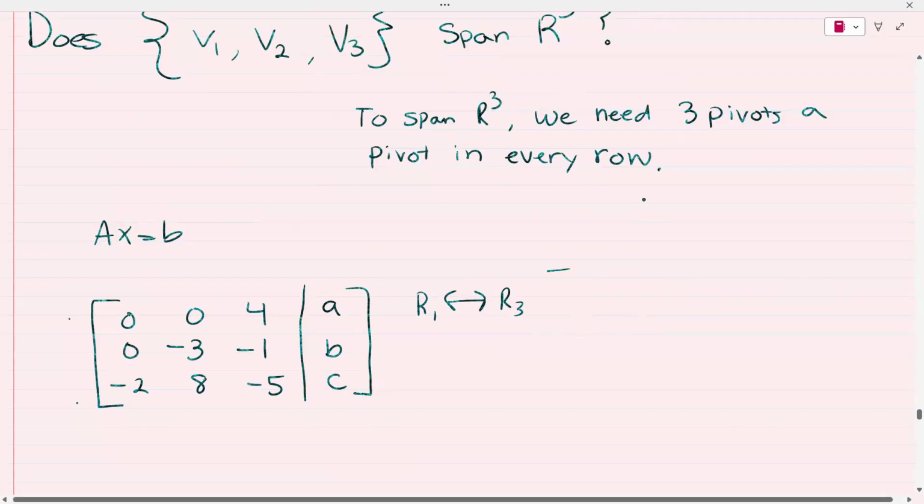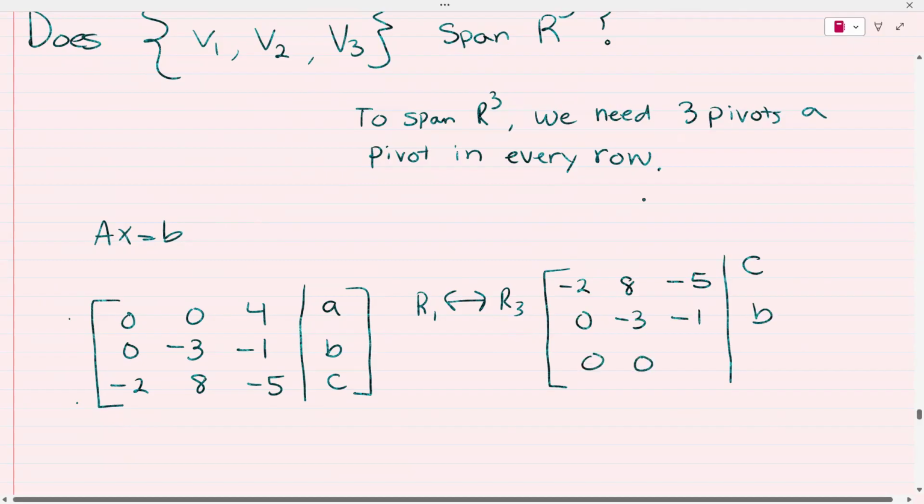So that would be -2, 8, -5, and then C. Row 2 stays the same. And then the last row would be 0, 0, 4, and 8.